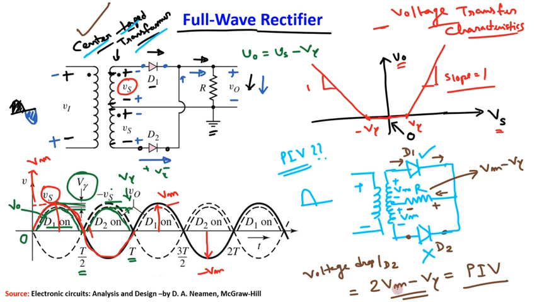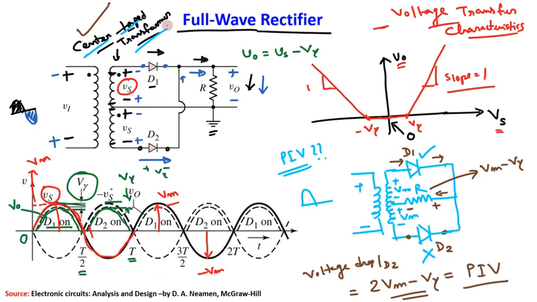Now if this Vm is quite higher than this V gamma, then we can probably neglect this part. Then we can say that compared to the half wave rectifier, for this full wave rectifier with center tapped transformer configuration, the PIV is almost 2 times.